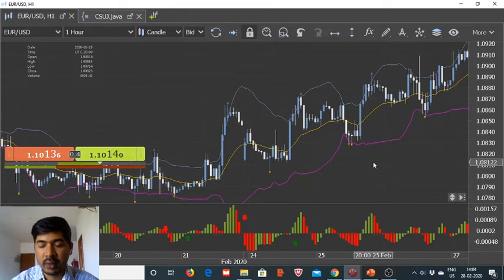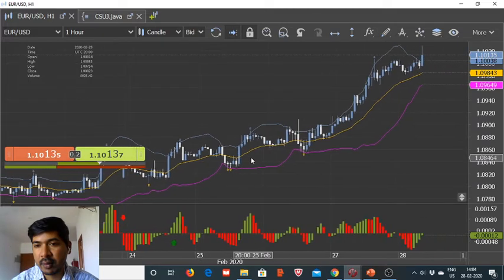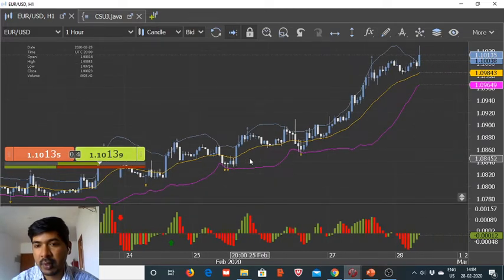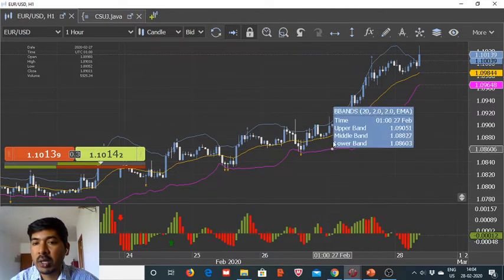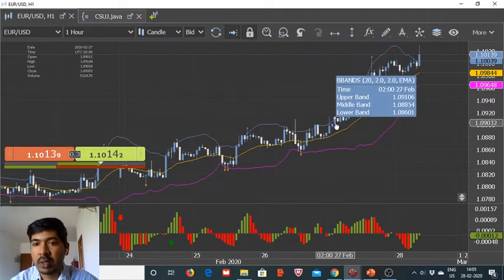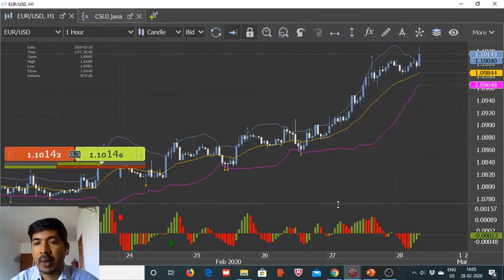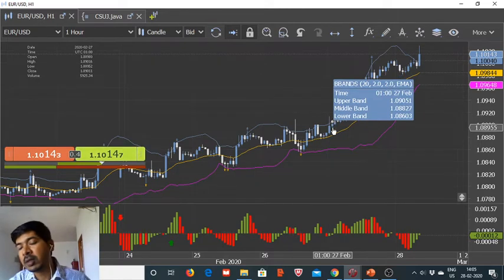So let's see. This is the way it is, and here in yesterday's trading session on 2 GMT. So when is 2 GMT? It is here. The price has traveled too much.